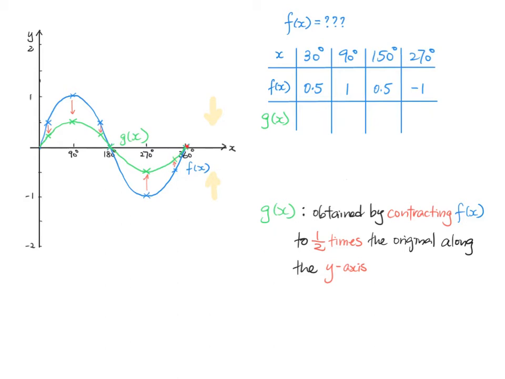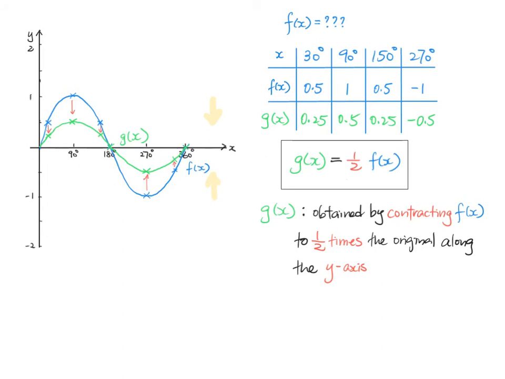And this stays the same at 0, etc. And so mathematically, every y position is multiplied by 1/2. And so whenever you're contracting a function to 1/2 times the original, okay, make it smaller, along the y-axis, what you need to do is you just need to multiply the function at the end with whatever that number is.